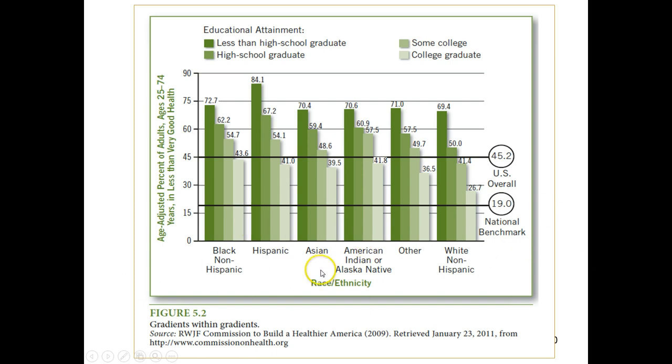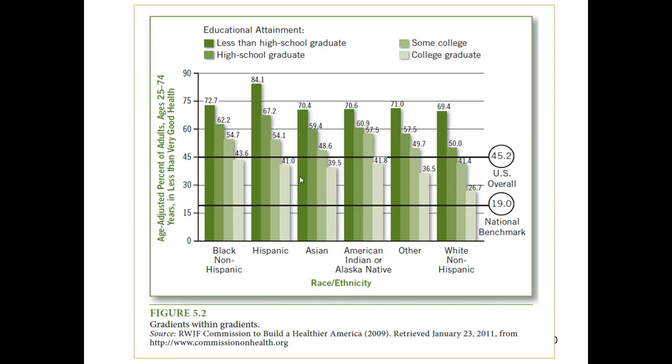Black, non-Hispanic Americans who drop out of high school or have less than a high school education, 73% reported having a less than very good health status, according to the Robert Wood Johnson Foundation, in this study done in 2009.